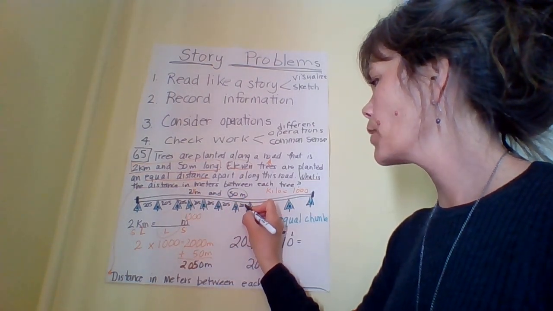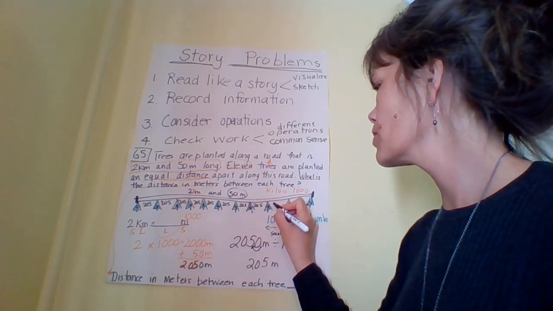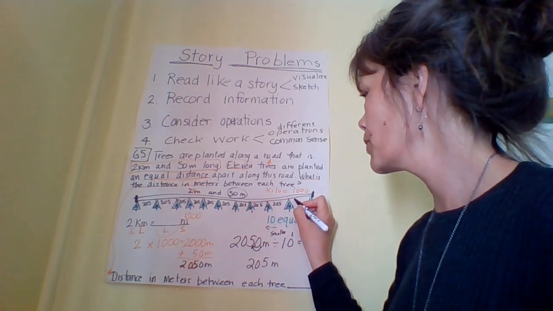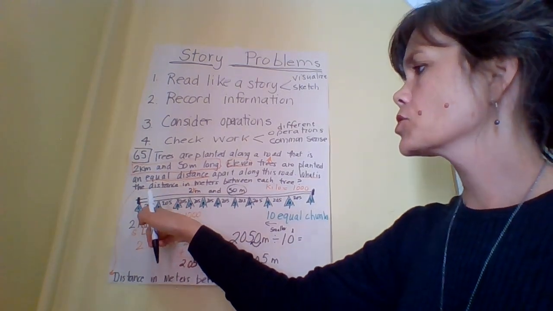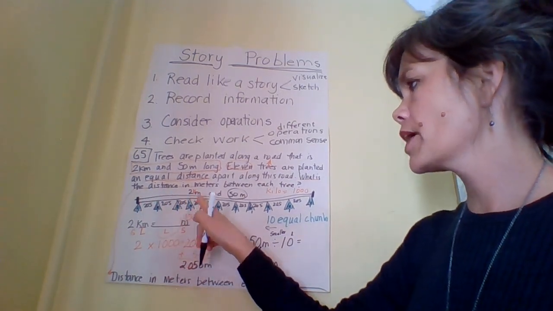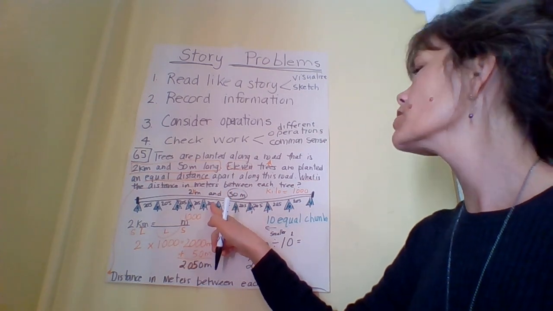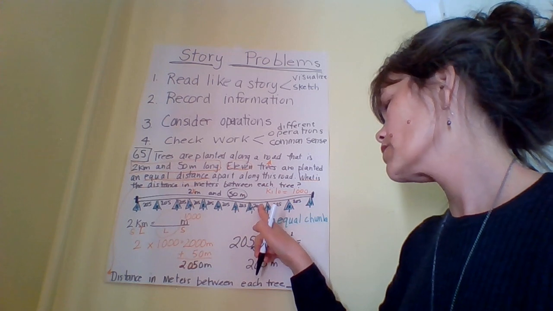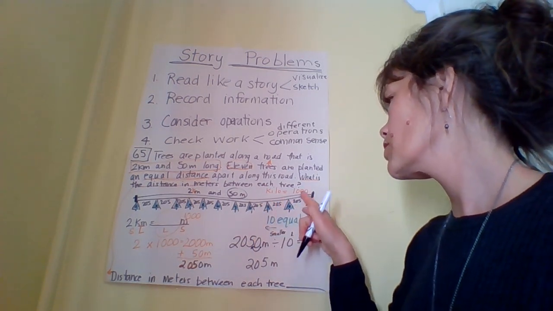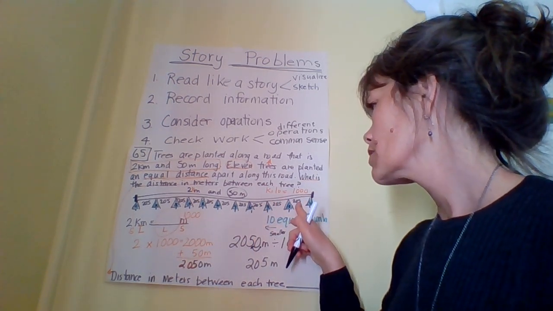But I'm just going to count by 200 because I can do that. And I can probably count by 205s, but that will take me a long time. So I'm going to count 200, 400, 600, 800, 1,000, 1,200, 1,400, 1,600, 1,800, 2,000.